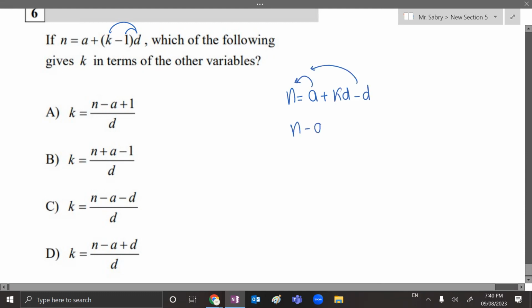I'll have N minus A plus D equals KD. As K alone, I'll move D to the other side. So it goes as N minus A plus D over D equals K. When you look at the choices, it's choice D right away as it is. Any questions there?